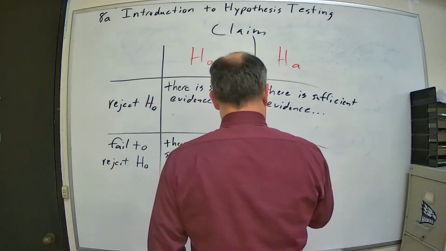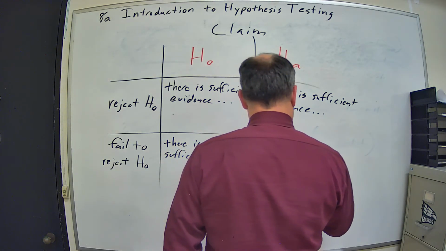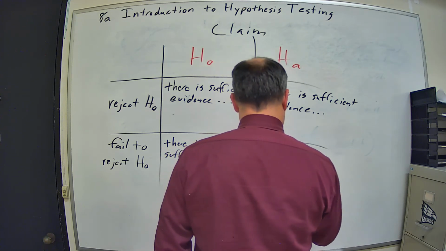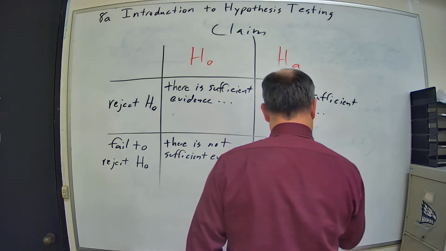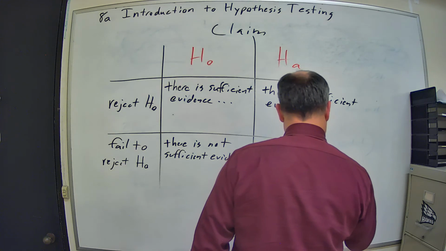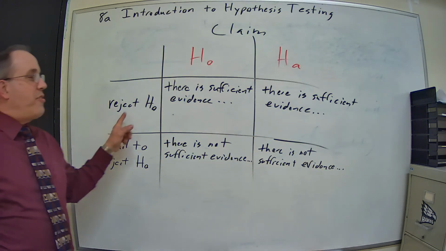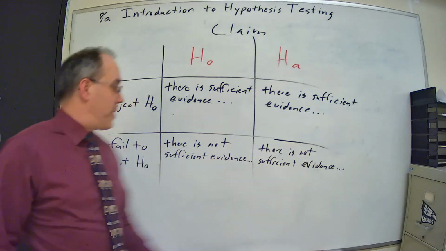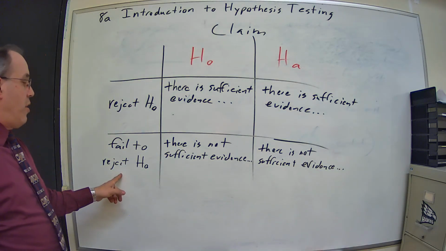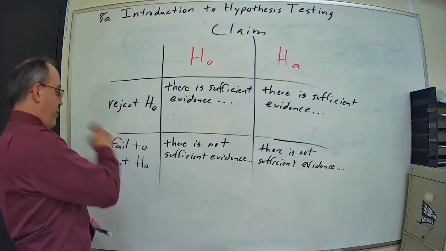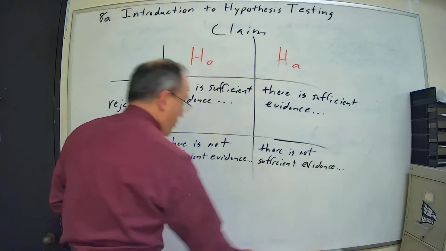So if we reject the null hypothesis, there is sufficient evidence. If we fail to reject the null hypothesis, there is not sufficient evidence. That's what comes from whether we reject or fail to reject the null hypothesis.